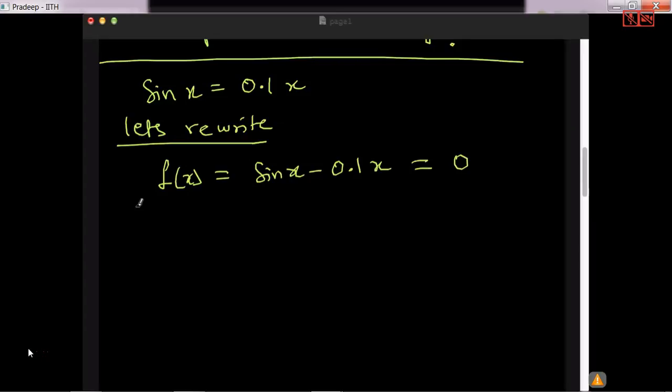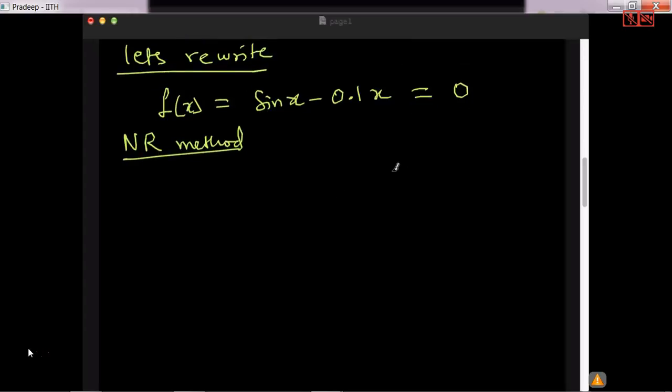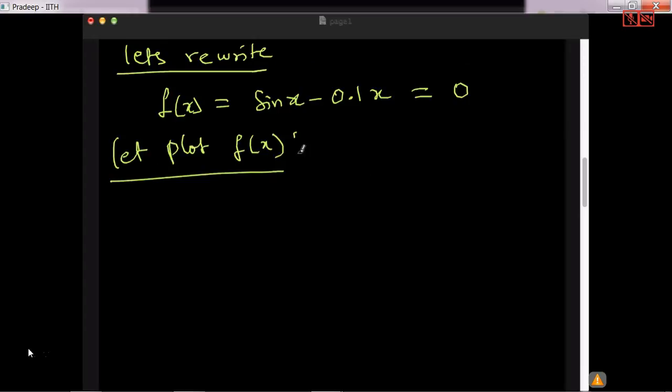So now let me explain Newton-Raphson method. So what Newton-Raphson method says is that consider the plot. So by the way, before going to this Newton-Raphson method, I'm sorry, let's plot f of x. So what is the plot of f of x? So I have to simply say plotting of f of x. So let's do that.